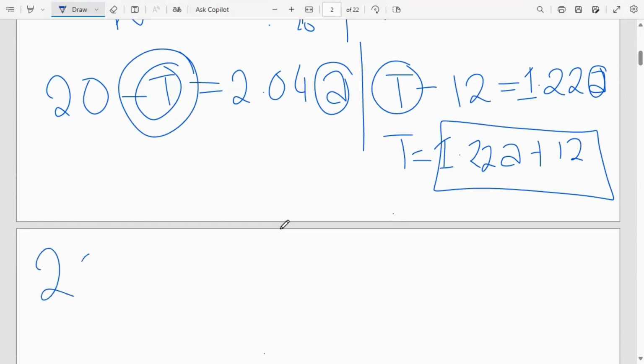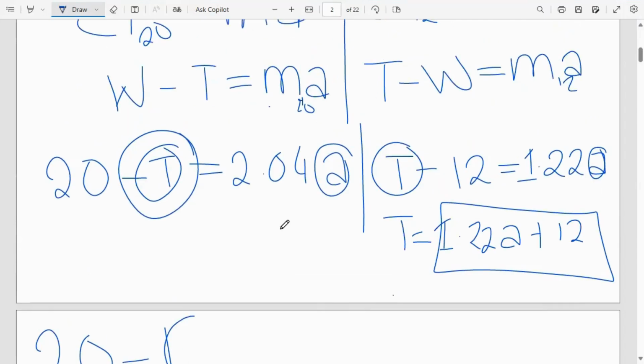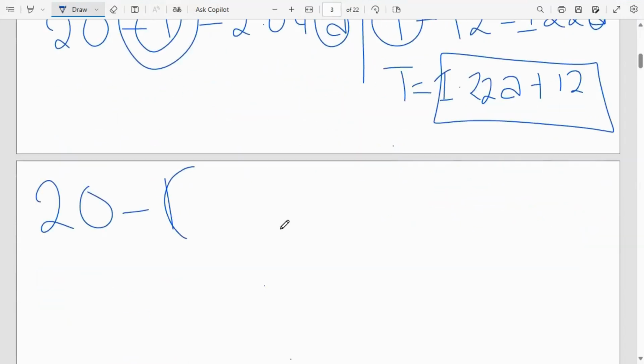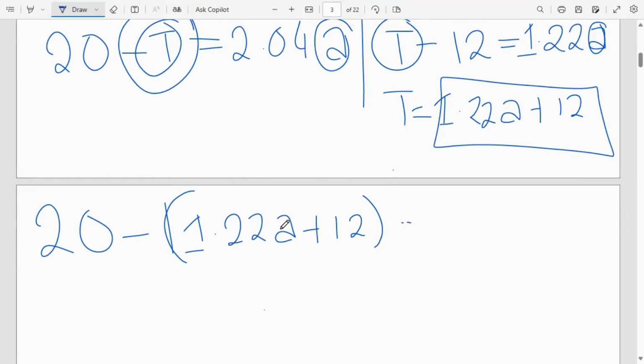So if this is T, let's plug it in where there is T here. So I'll say 20 minus, open bracket, 1.22A plus 12, close bracket. This is equal to 2.04A.